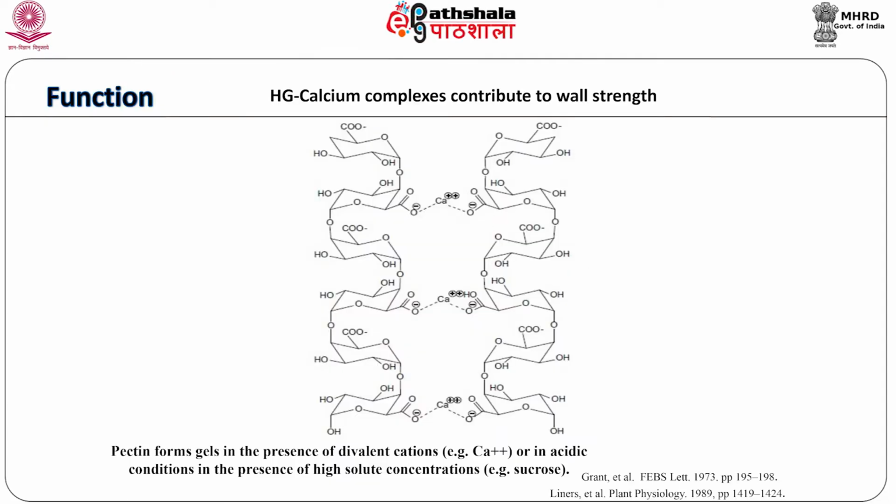Functions of pectins. Pectins form a gel in the presence of divalent cations, that is calcium ions, or in acidic conditions in the presence of high solute concentration, for example sucrose. The homogalacturonan-calcium complex contributes to cell wall strength.